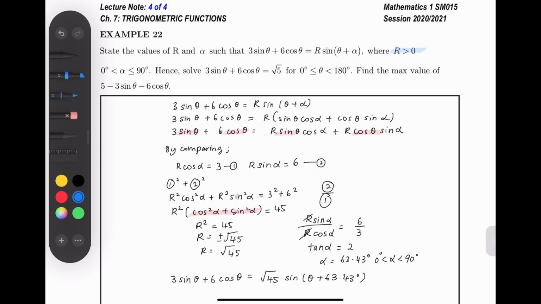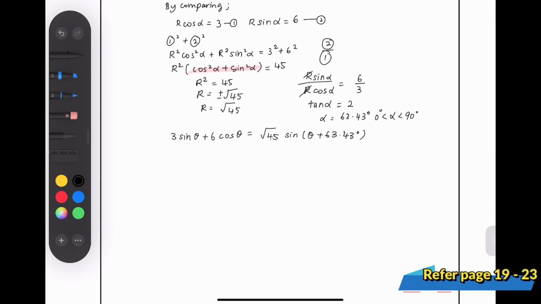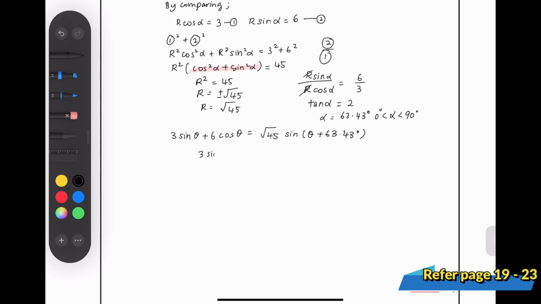The second part of the question asks you to solve 3 sin theta plus 6 cos theta equals root 35. From previous, we proved that 3 sin theta plus 6 cos theta equals root 45 sin(theta plus 63.43).